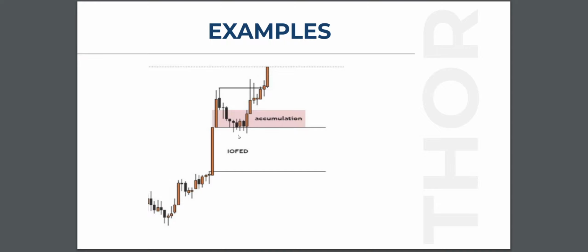Then these wicks below will be the manipulation leg lower, and then it rallies higher, it expands higher, and in that price action on the lower time frames, you'll have a breaker block, for example, or you'll have a balanced price range, for example. You'll have the smart money reversal patterns, so to speak.